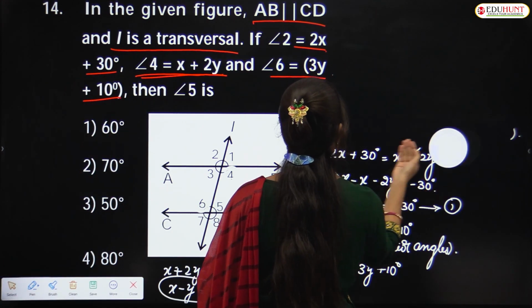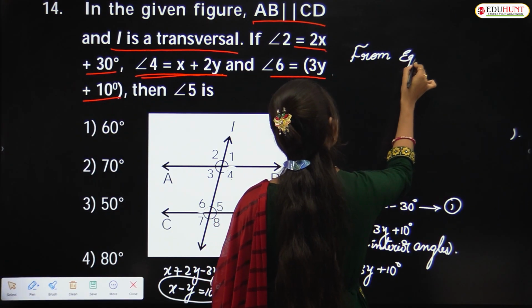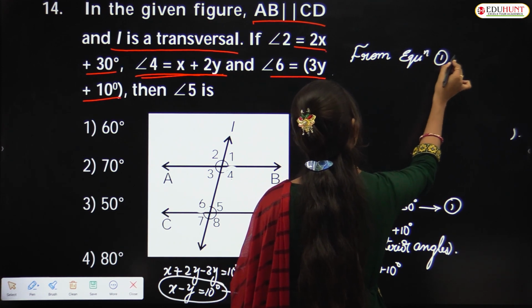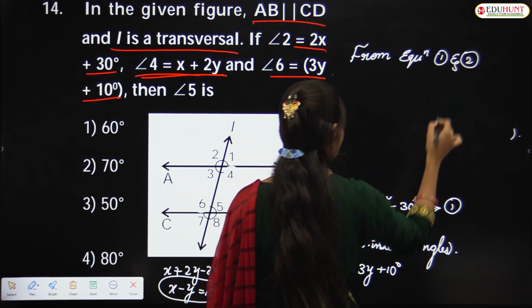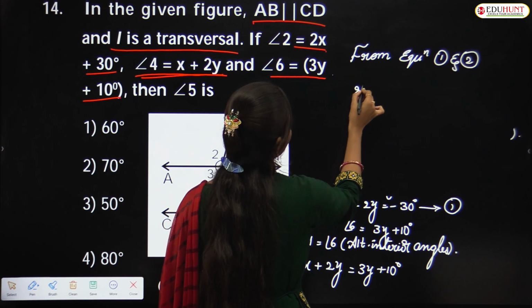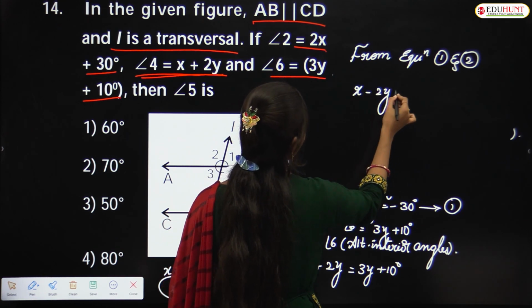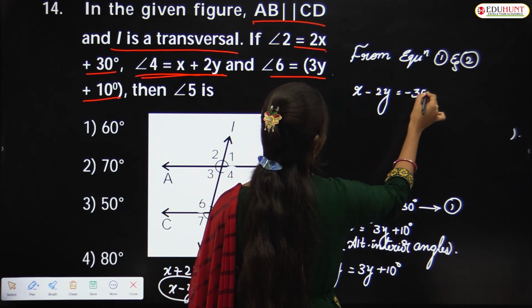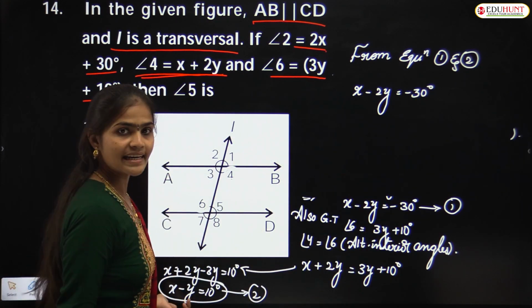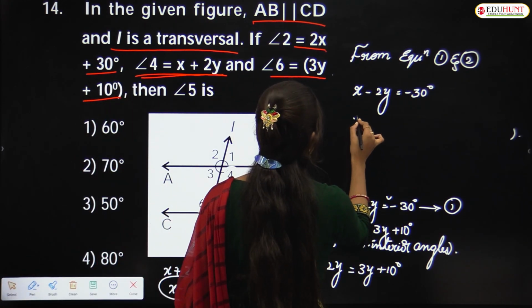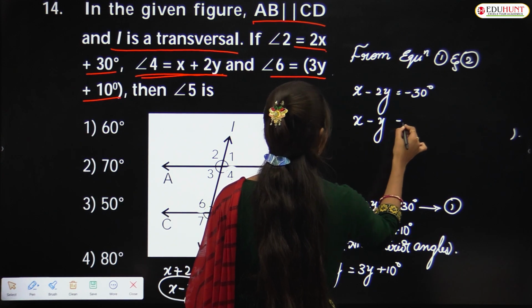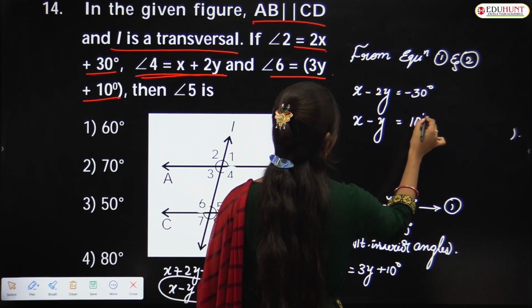Now from equations 1 and 2: the first equation is x minus 2y is equal to minus 30 degrees, and the second equation is x minus y is equal to 10 degrees.